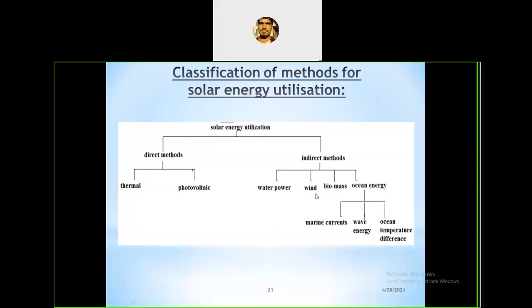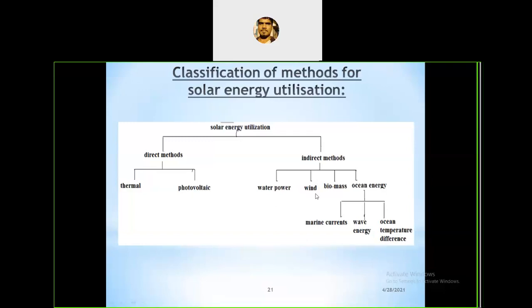Ocean energy: the ocean has a very high depth, and the top layer has a higher temperature, the bottom layer has a low temperature, and the middle has an intermediate temperature. This temperature difference is because of the sun, and by this difference we can generate electric energy.